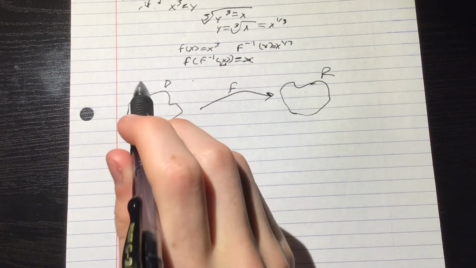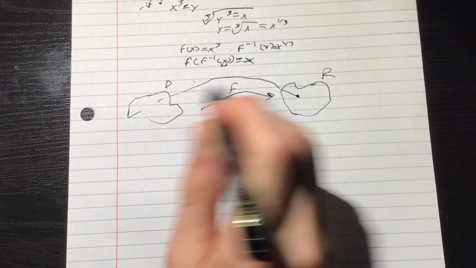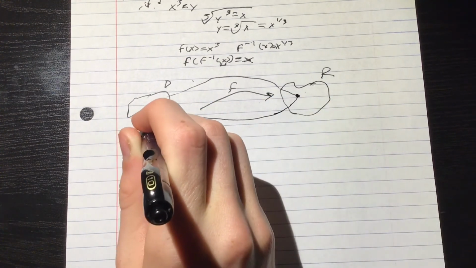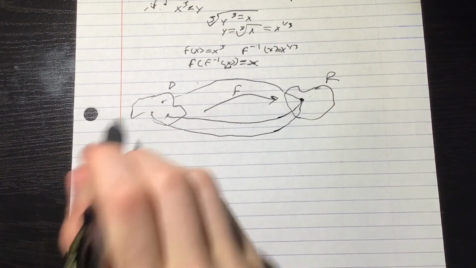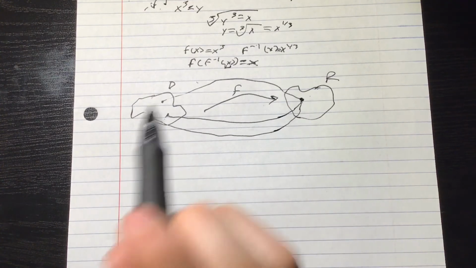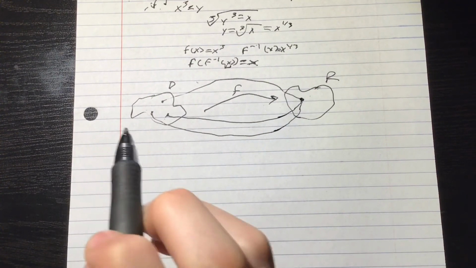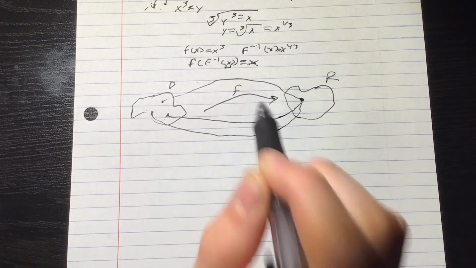And I said you can have two domain values going to the same range value, or any amount of domain values going to the same range value. But as soon as you have one domain value going to two range values is when it's not a function. Well, the one-to-one function, what makes that unique is that each domain value has its own unique range value.